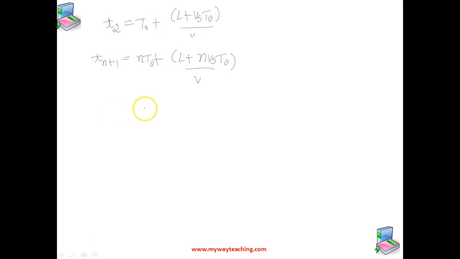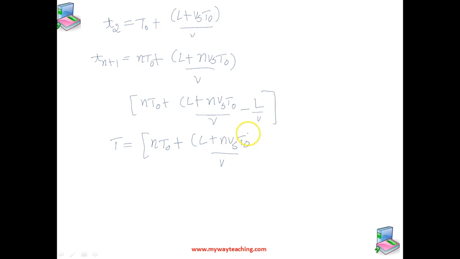So in a time interval that is given by n t0 plus (L plus n Vs t0) by V minus L by V, the observer's detector counts n crests, and the observer records the period of the wave as T, which is n t0 plus n Vs t0 by V, divided by n.